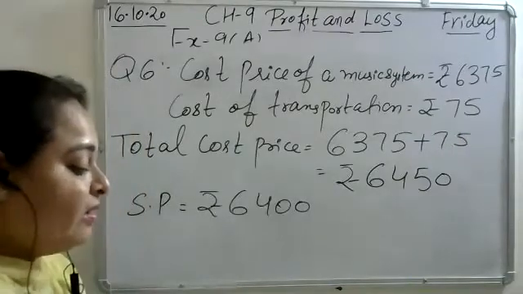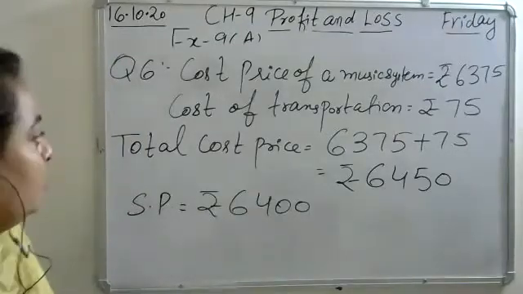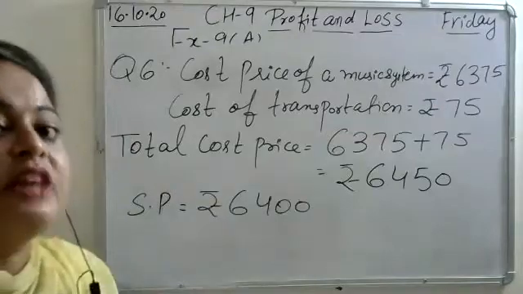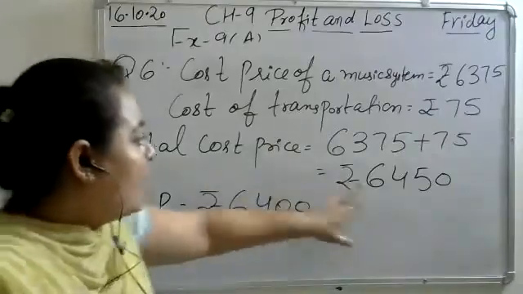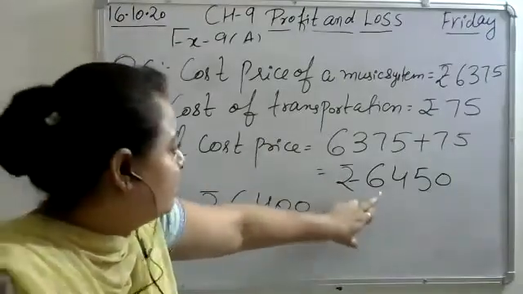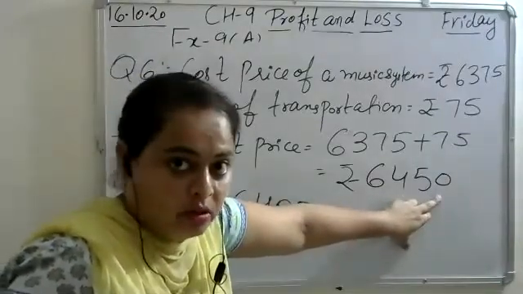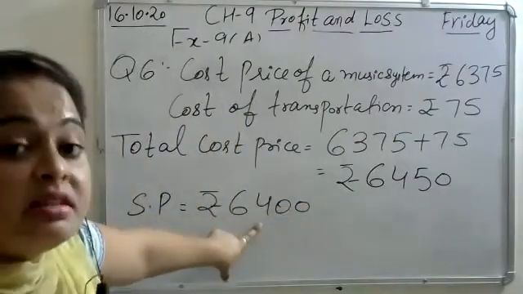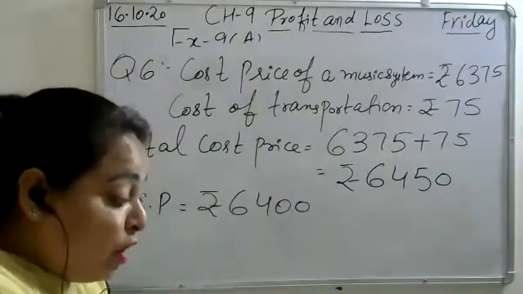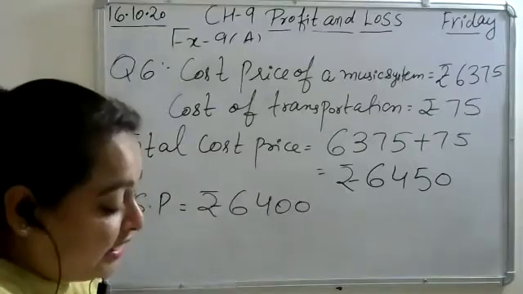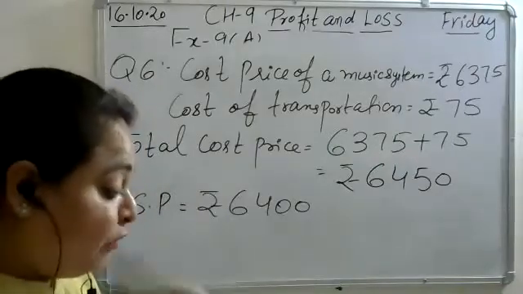I am repeating one more time. Beta, we purchased a music system. Suppose you purchased a music system. How much money did you give to the shopkeeper? 6450. Okay, and you sold it at 6400. Now tell me, half of you are writing profit, half of you are writing loss. Give me the one correct answer with full confidence. Loss or profit?